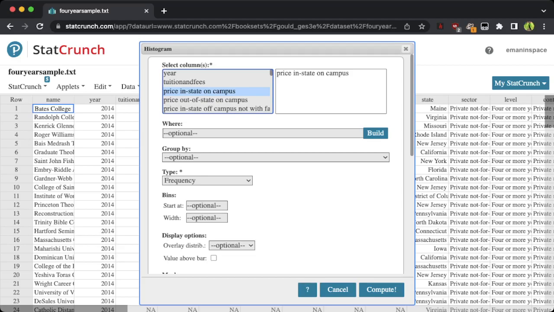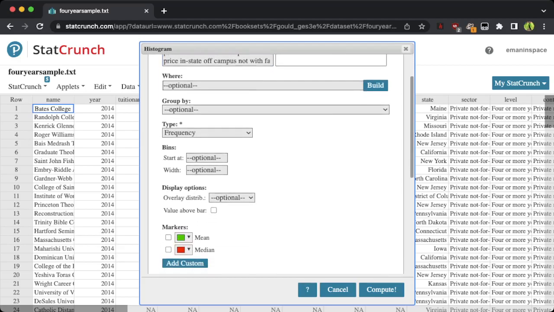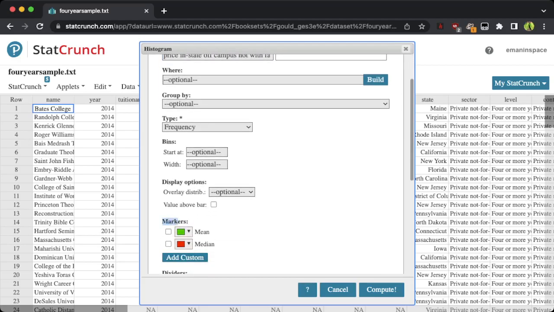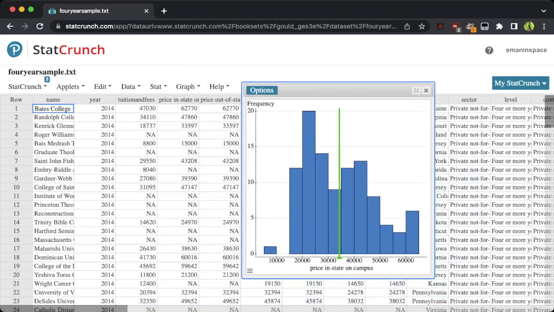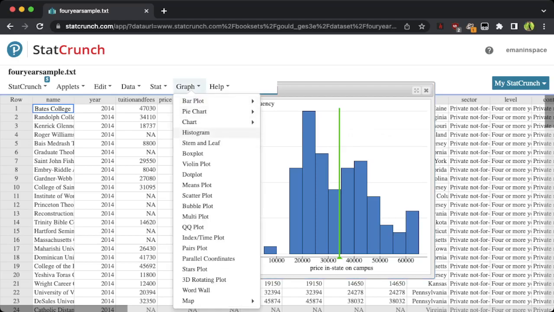We scroll down and you can see there are these markers. We're going to select mean, because remember the mean is the balance point. Looking at this distribution, the mean is pretty close to being in the middle of the distribution.